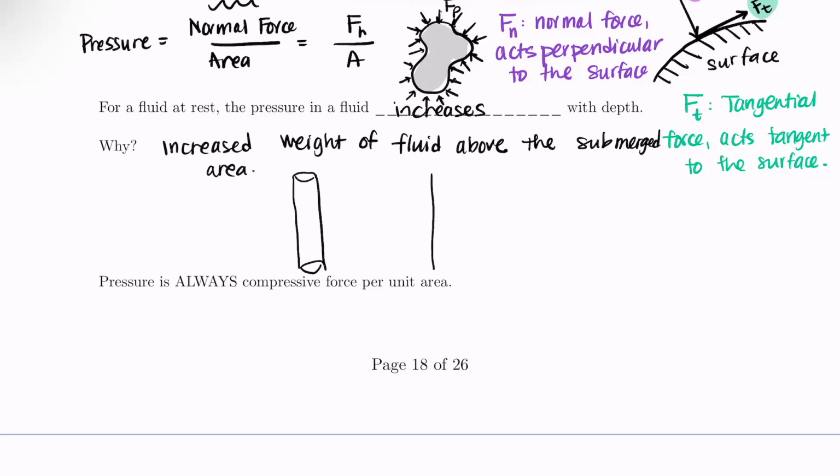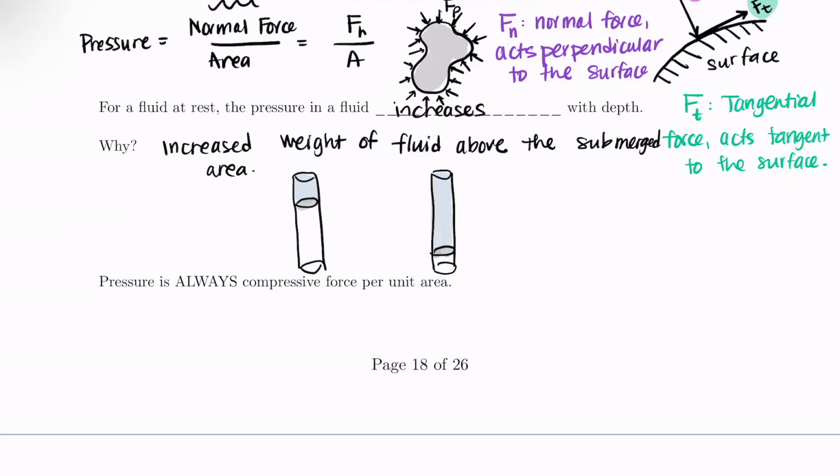I'm going to draw it twice equivalently. So if, for example, we are considering this spot on our column of water versus this spot, we calculate the pressure using the mass of the water above us here and the mass of the water above us here.